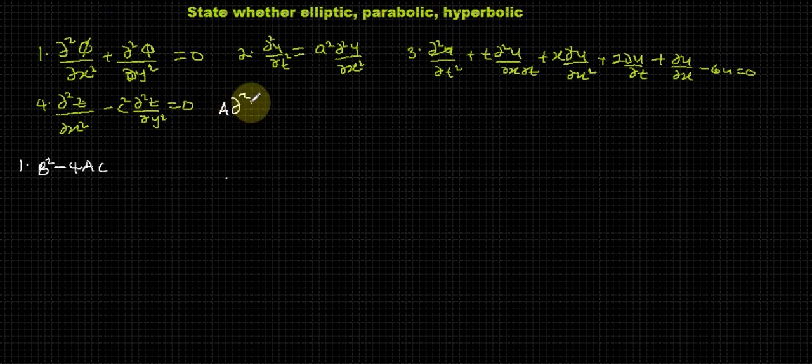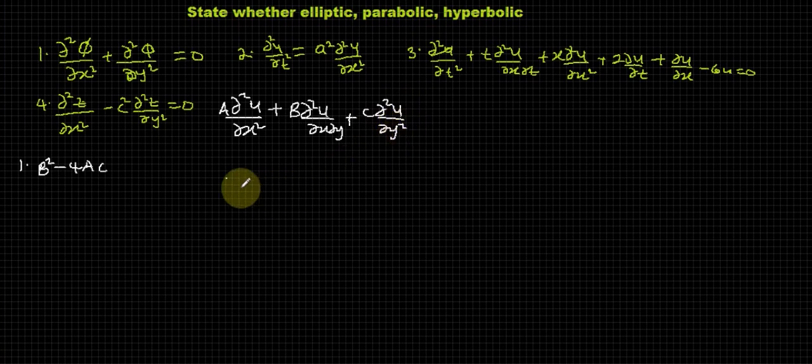We have a ∂²u/∂x² + b ∂²u/∂x∂y + c ∂²u/∂y².